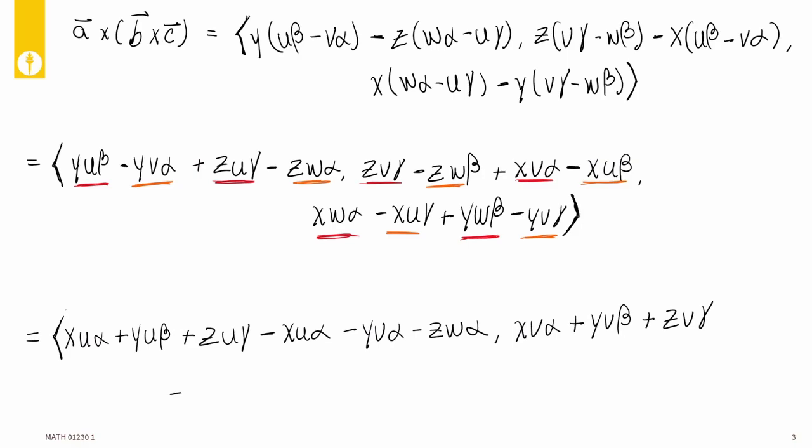Where my terms minus XU beta, minus YV beta, ZW beta. There's the new Y component.